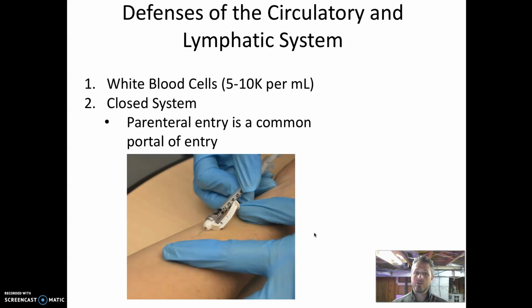So hypodermic needle use, medically or through drug use, is a particularly common way that microbes gain entry into this closed circulatory system. So just keep that terminology in mind as we move forward. So those are the defenses, super straightforward. Lots of white blood cells, and it's hard to get in because it's a closed system.